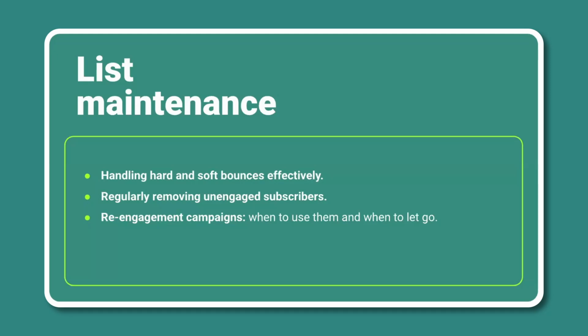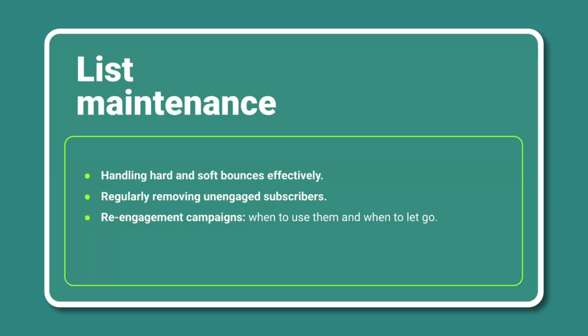Then we move on to the inactive segment. This will be the contacts who have demonstrated positive engagement signals in the last 9 months to 12 months, so up to 1 year. And you should send even less emails to this segment.